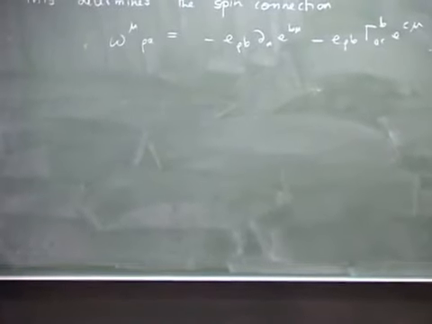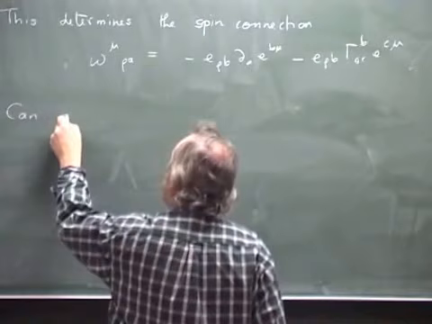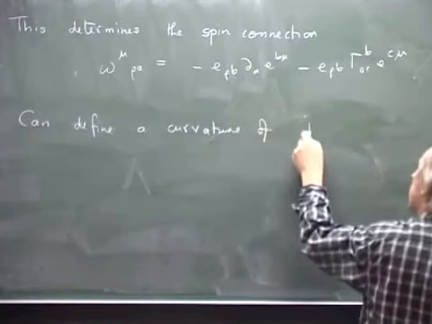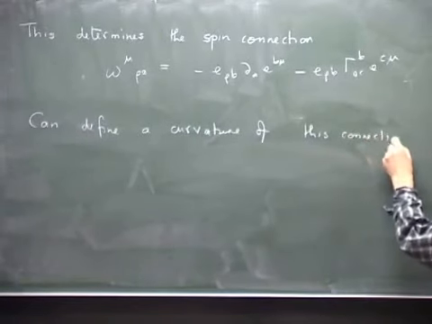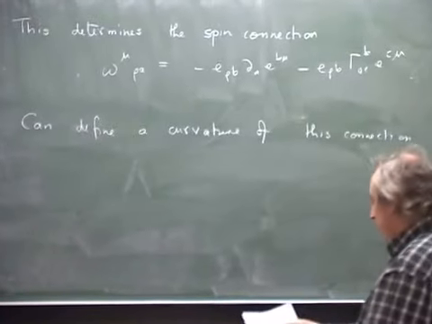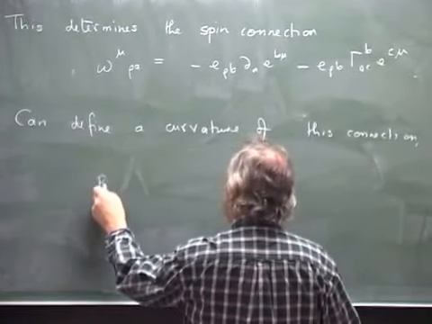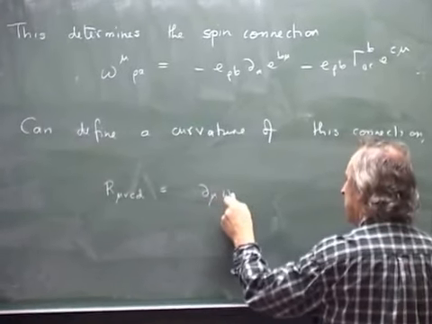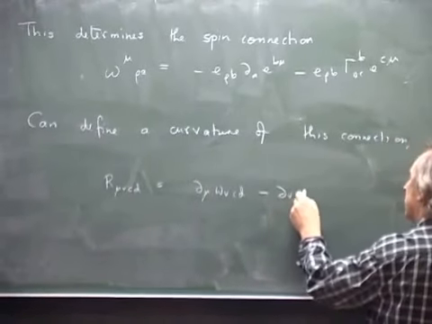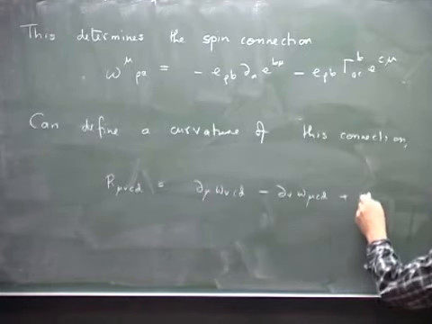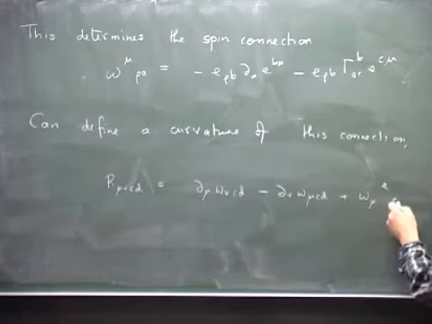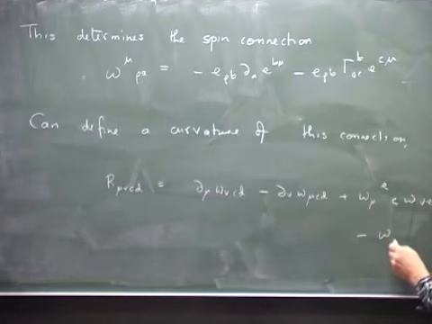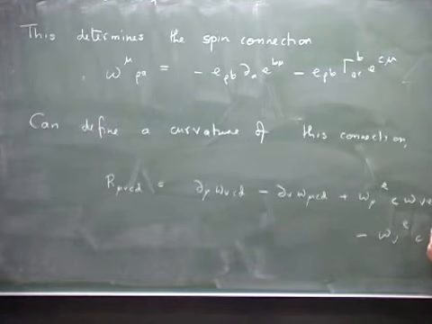Like any connection, you can define a curvature of a connection. So let's define R_{μν CD} to be ∂_μ ω_{ν CD} minus ∂_ν ω_{μ CD} plus ω_{μ CE} ω_{ν E D} minus ω_{ν CE} ω_{μ E D}.